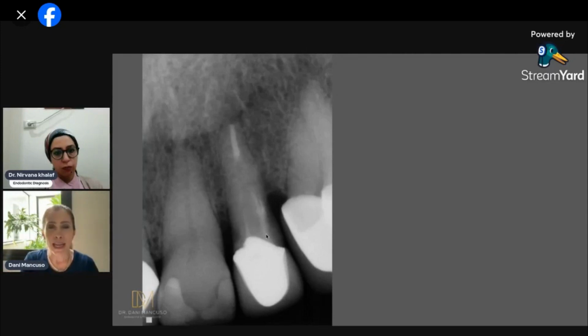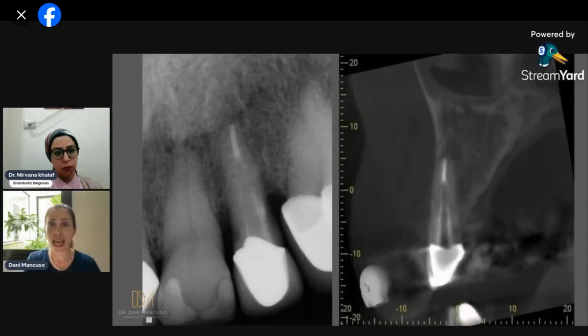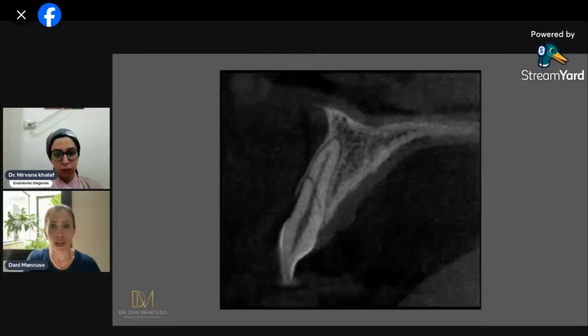But is there anything else that you can see? I can pretty much see a little bit of bone loss on the distal. Can I prove anything? No. Let's take a scan and see if it's a periodontal problem or something else. And that's when you can see the fracture line. Can you see that? So that proves that this tooth is fractured.